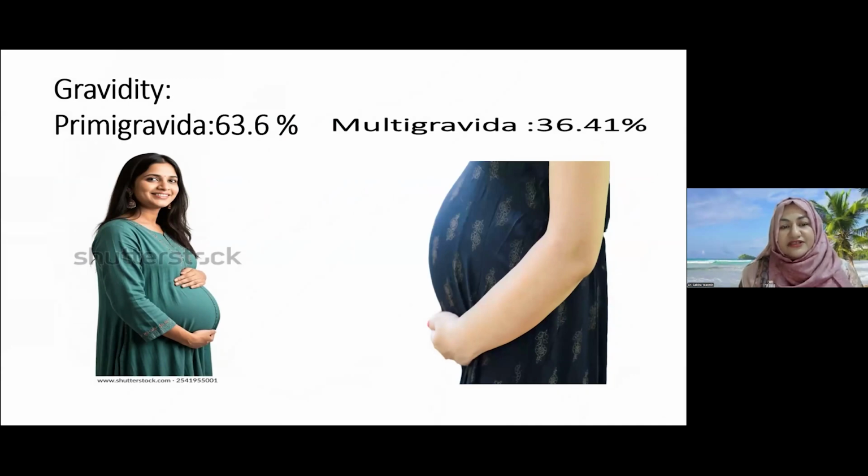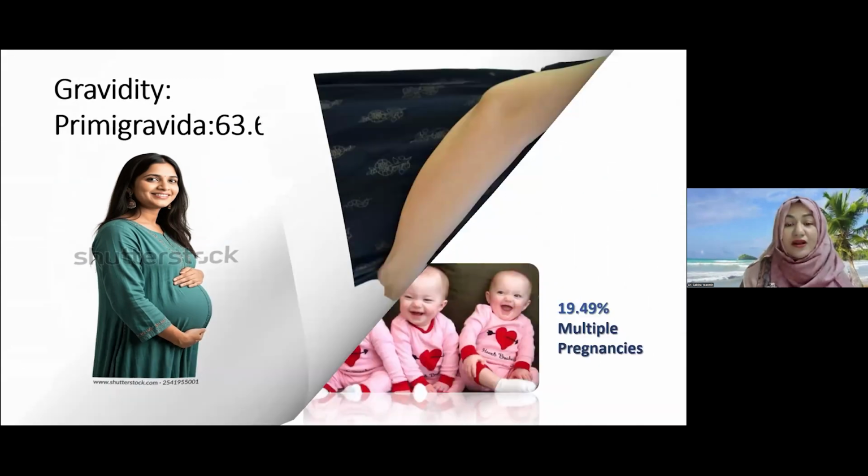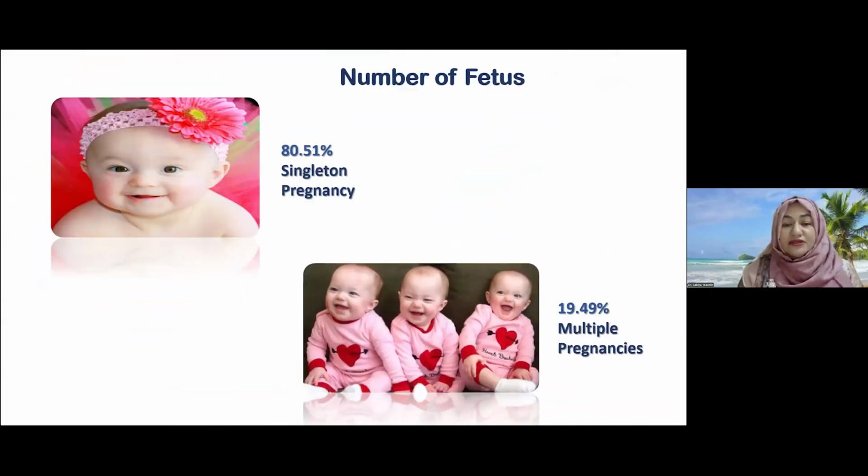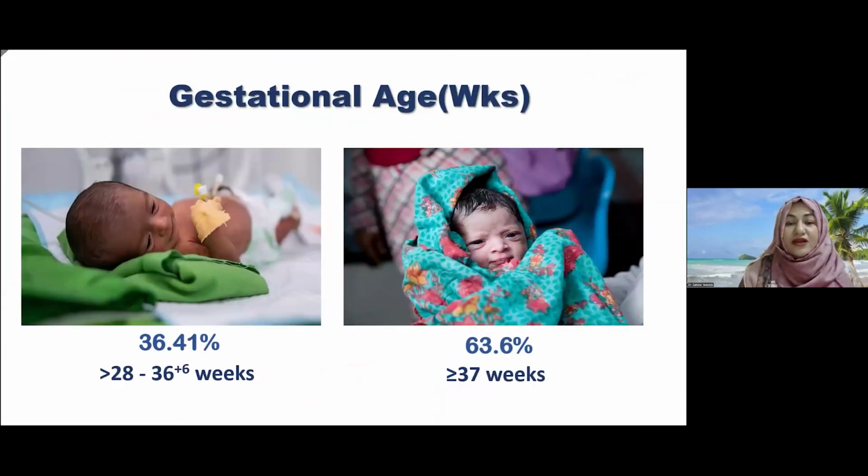Now the gravidity. The maximum of the patients were primigravida, that is 63.6%. Multiple pregnancy was only 19.40%, and most of the patients had singleton pregnancy. Now gestational age.